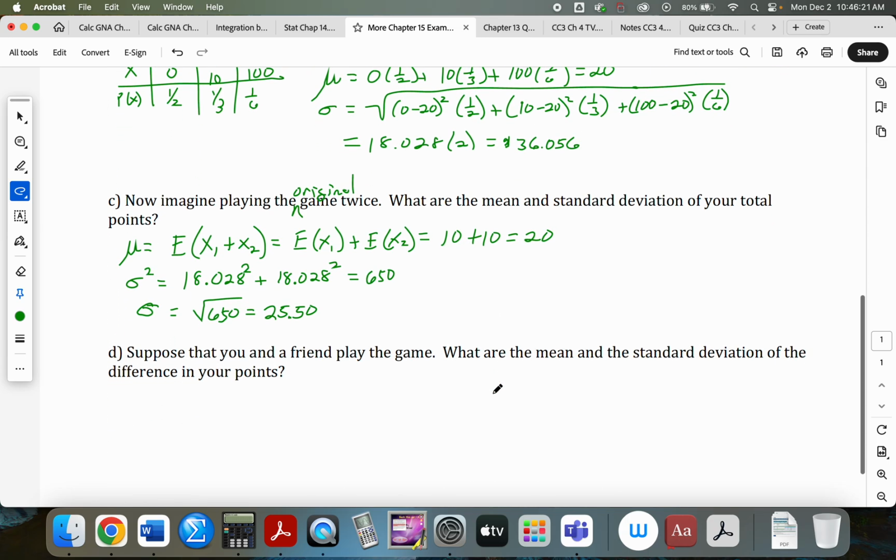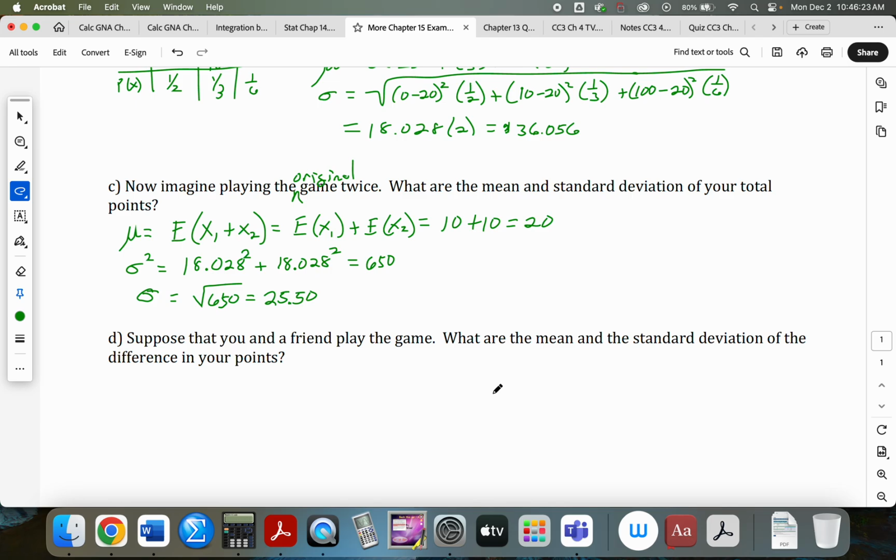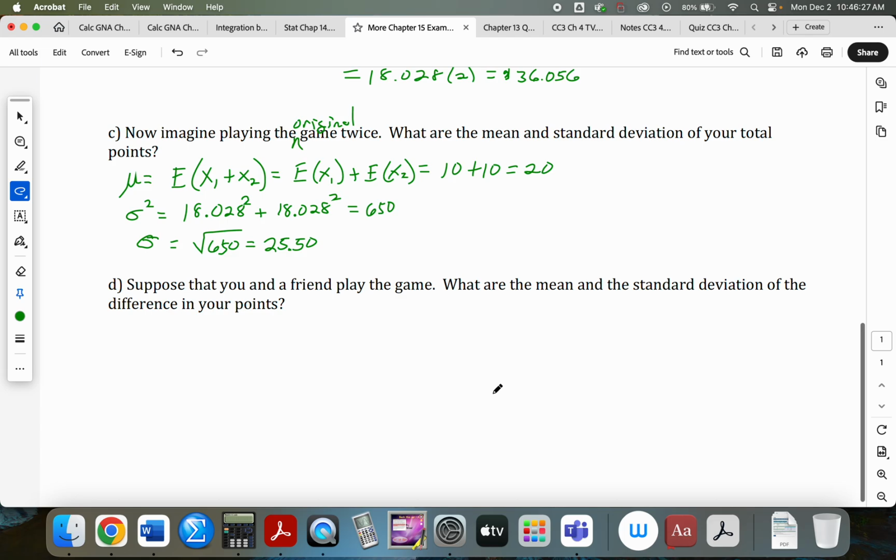Suppose you and a friend play a game. What are the mean and the standard deviation of the difference in your points? That is, what's the mean or the expected value of x1 minus x2?